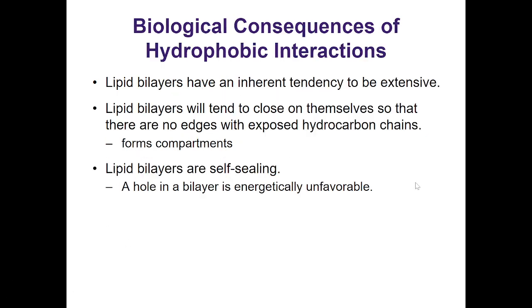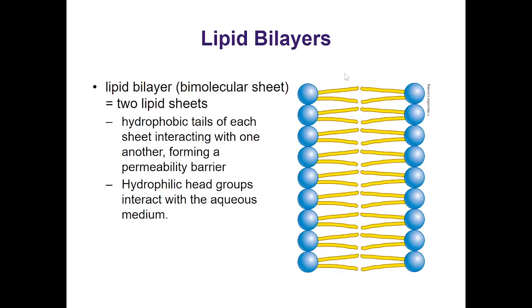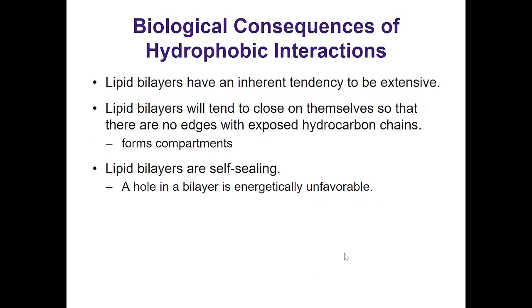The lipid bilayers will have an inherent tendency to be very extensive. Lipid bilayers will tend to close on themselves so that no edges will be exposed, with the hydrocarbon chains exposed to the water, right? They don't want any of those edges exposed, so they're never like this. They always close back in on themselves. And they always make a sphere of some sort.